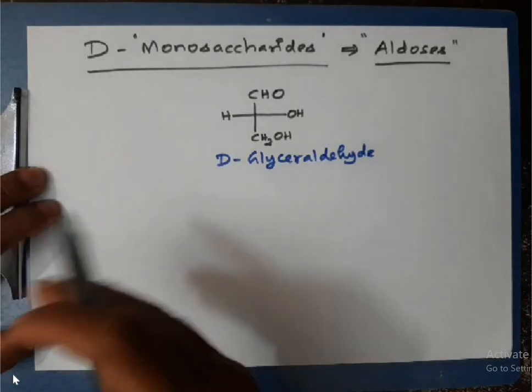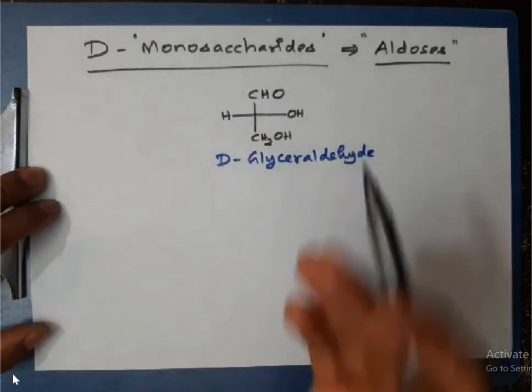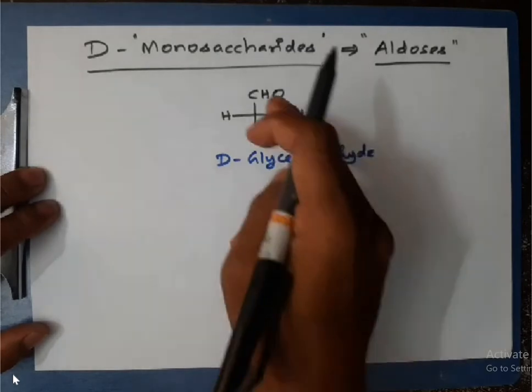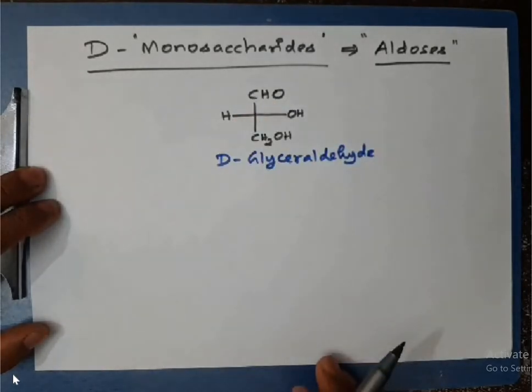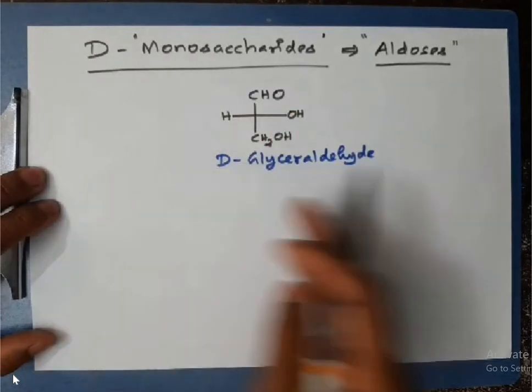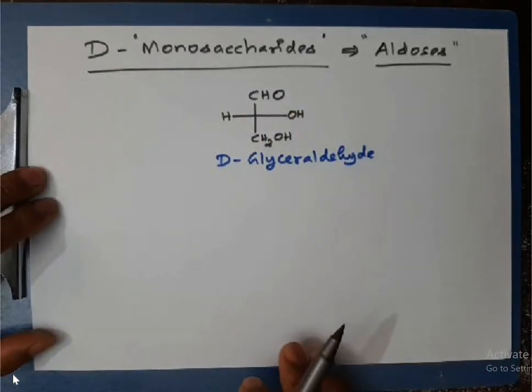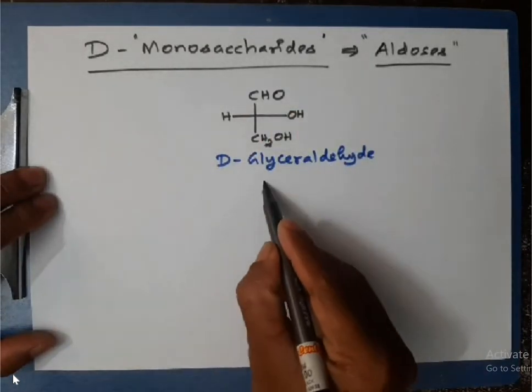Now we'll go to the next one, that is Aldotetrose. So we have to introduce one more carbon here. If we introduce one more carbon, we'll get Aldotetrose. So how to introduce? Let me do that here.